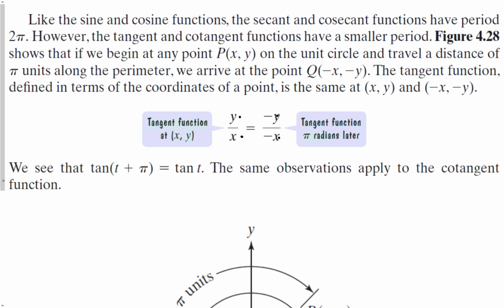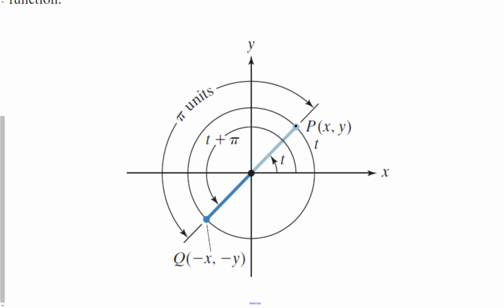So if we think about what happened in quadrant 1, we have this point x, y. The sine would just be the y coordinate, so it wouldn't be that same y coordinate, right? This whole point wouldn't be the same until we got all the way back, both x and y being positive.